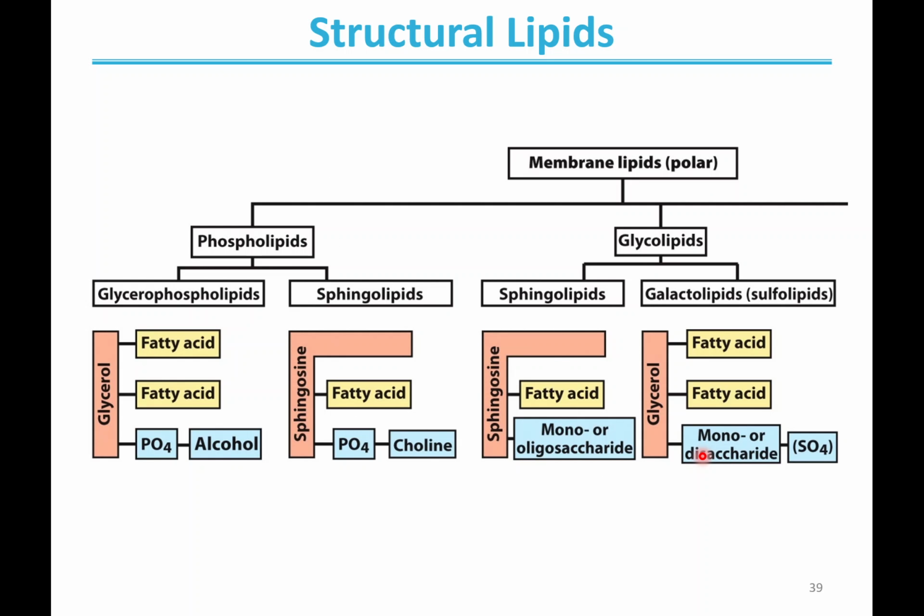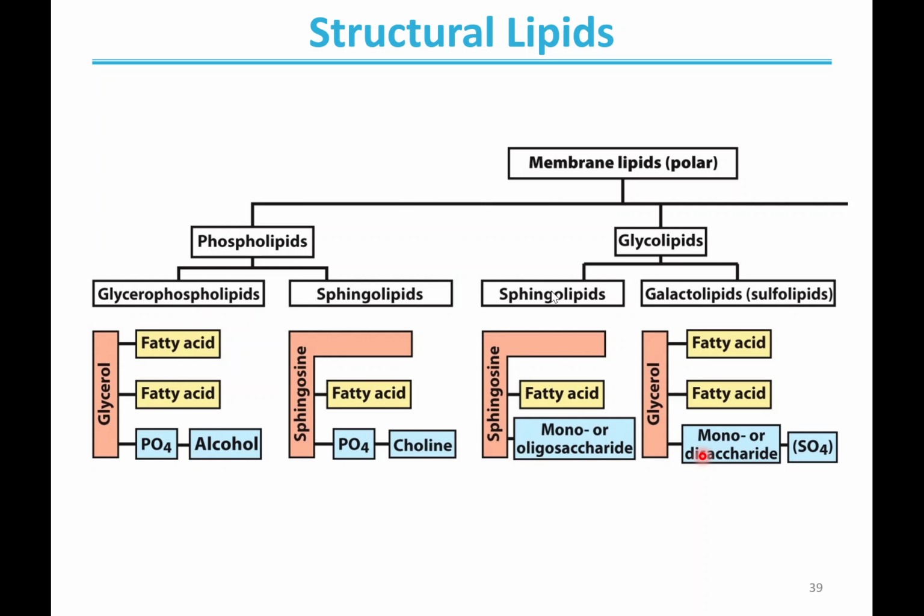So just in kind of an overview of what we've talked about with structural lipids, we've talked about phospholipids, and the two classes of those were glycerophospholipids, where you have glycerol as the backbone, two fatty acids attached, a phosphate group, and then a head group. Sphingolipids have sphingosine as the backbone, one fatty acid attached, phosphate, and then a choline. You can also have glycolipids.